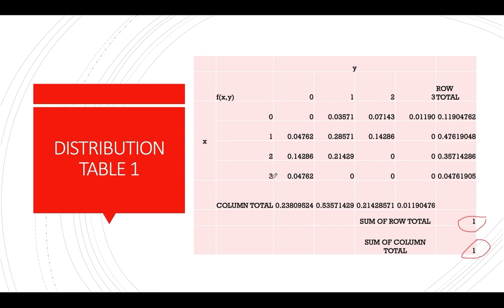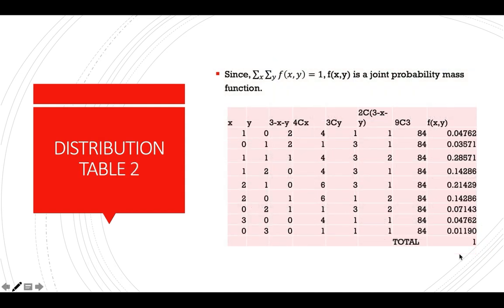And then this is the probability of x equals 3, y equals 0, and so on. And then check the sum of these should be equal to 1. Okay, so since this is satisfied, therefore we have a joint probability mass function.